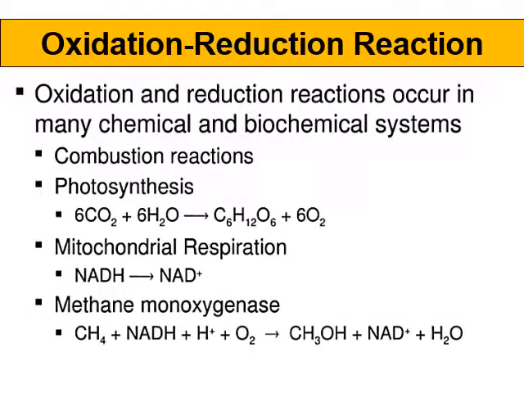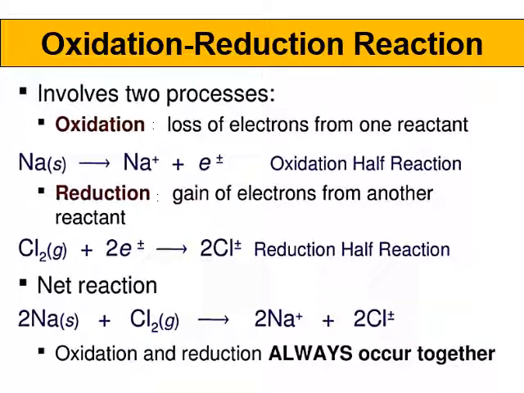In chemistry, here in electrochemistry, we just want to focus on how oxidation and reduction take place in one pot or in one simultaneous reaction. Oxidation, as we know, means loss of electrons from one reactant.